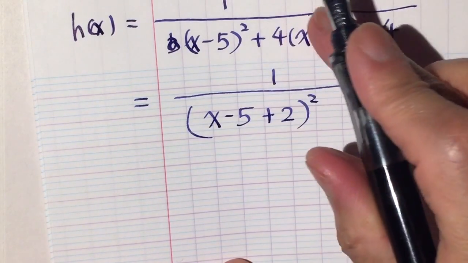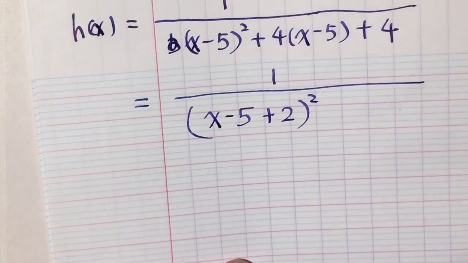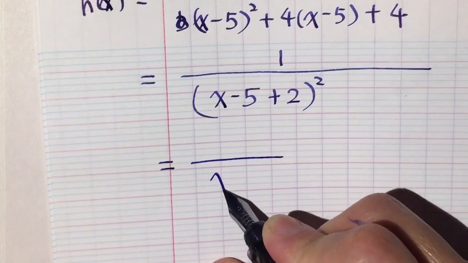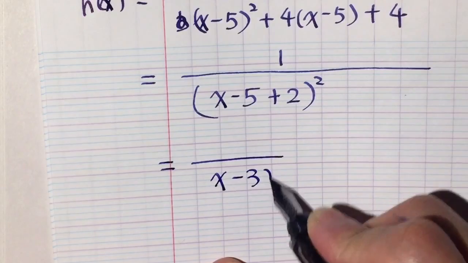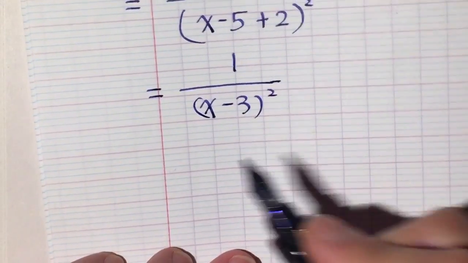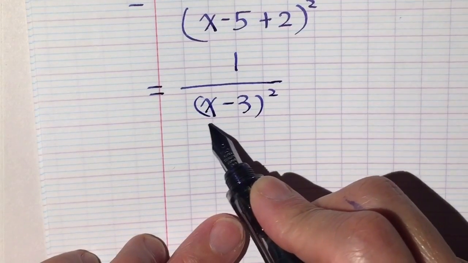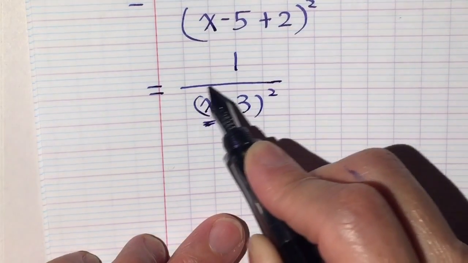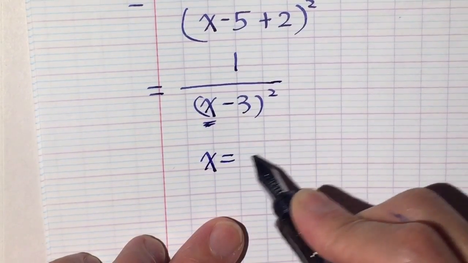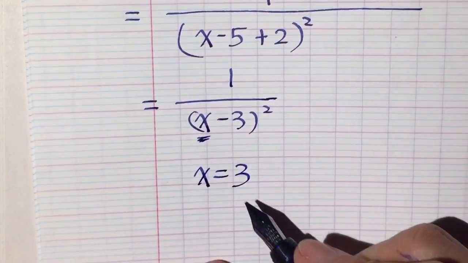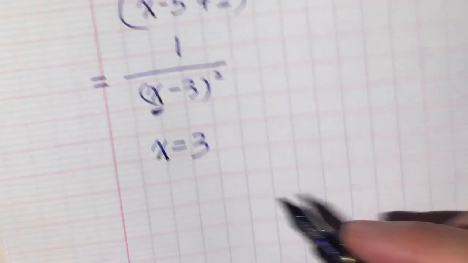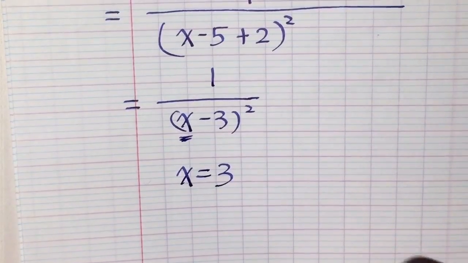So it becomes 1 over (x minus 3) squared. So when is the possibility? When is x so that the bottom becomes 0? That is when x equals 3. So when x equals 3, the function is not defined, undefined.